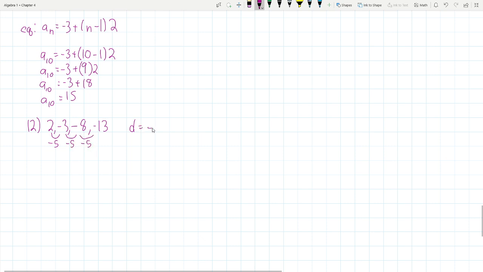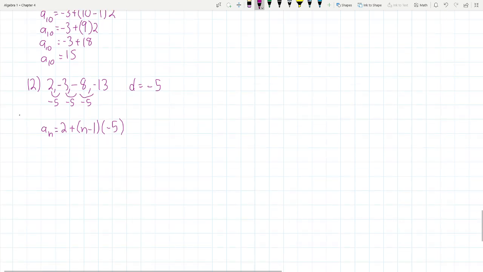So my difference is negative 5. So setting this up, I go a sub n equals my a1, which is 2, plus n minus 1, and then I'm going to put this negative 5 in parentheses, simply because otherwise I might think that I'm subtracting it. So that's my equation.